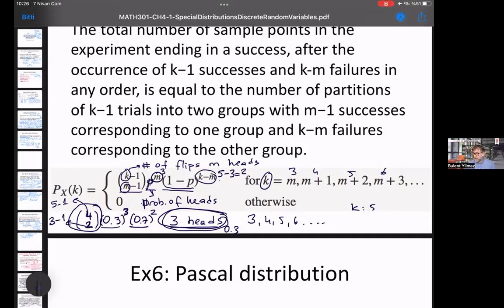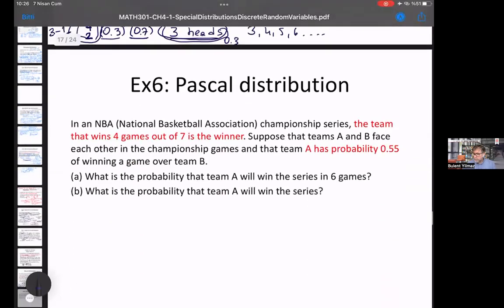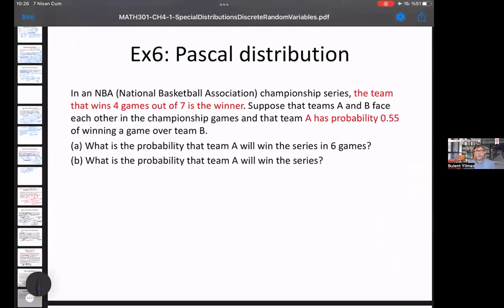Okay. So let's start with a question and see how we do it. In an NBA championship series, the team that wins 4 games out of 7 is the winner. You know that, right? It's a playoff or champions something.